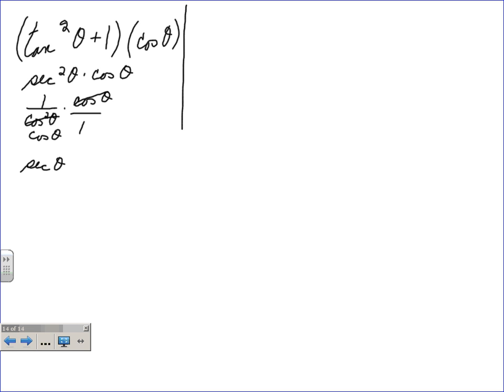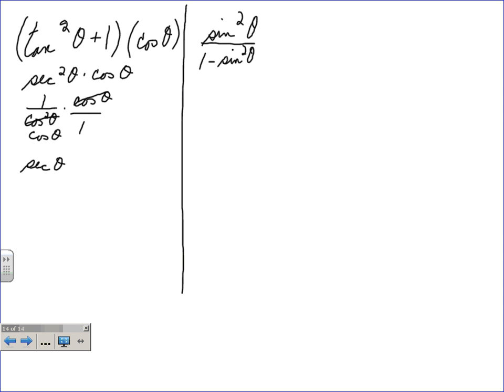Number 5. I didn't like this problem, but it was simple. Because the directions say write each expression in terms of a single trig function, and it's kind of in terms of a single trig function. It's in terms of sine.